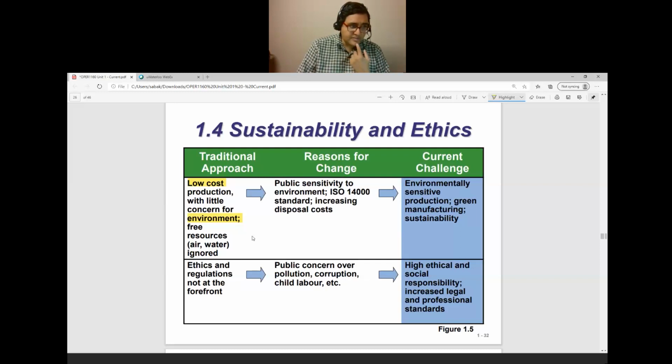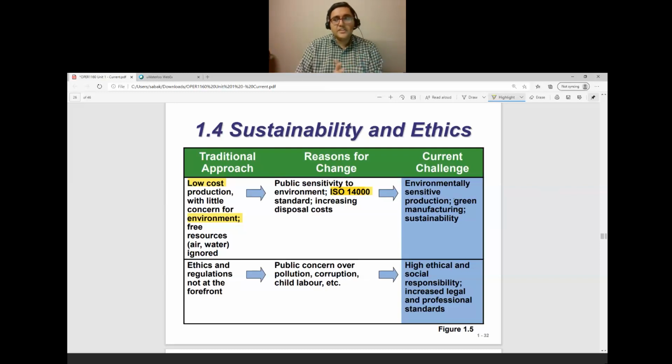You will be using your air and water in whatever way you want. But currently, there has been so much focus on using the natural resources in an effective way. So there is a sensitivity to the environment, and ISO 14000 is the standard which is normally regulating the way of doing business in a better way.